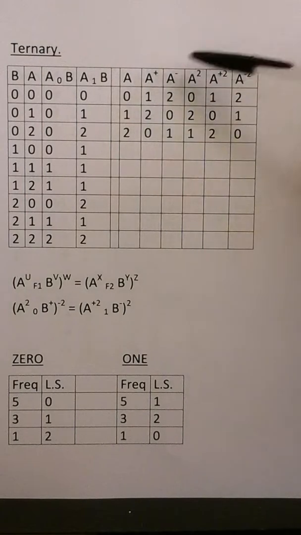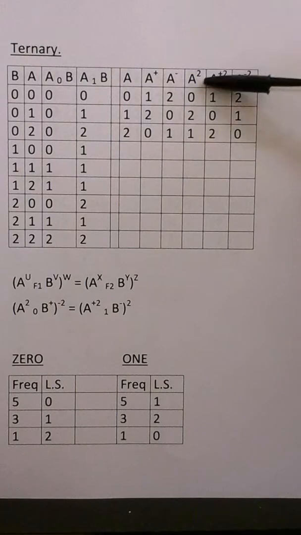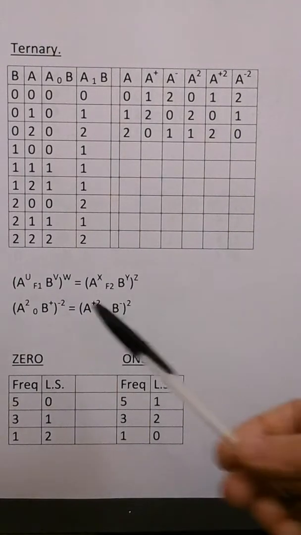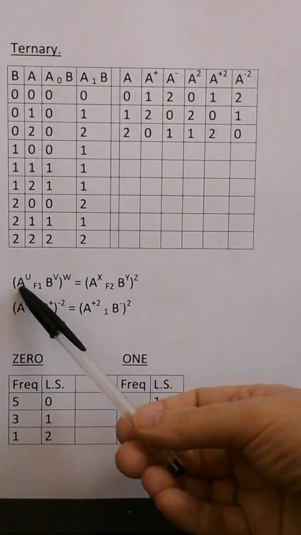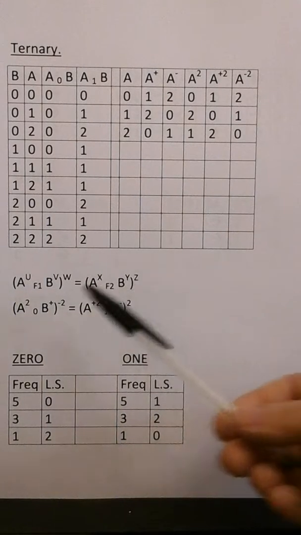Here we have 6 union operators: A plus, A minus, A squared, A plus 2 and A minus 2. They all perform this operation. They've all got a frequency of 1. Each logic state has a frequency of 1. So we're going to use this formula again as in the binary case.